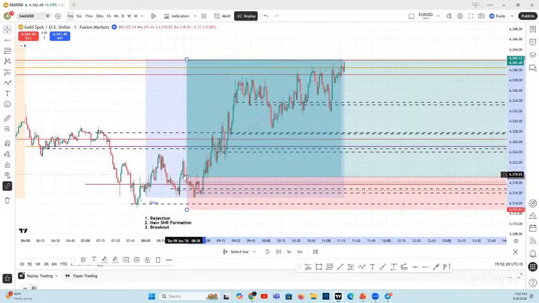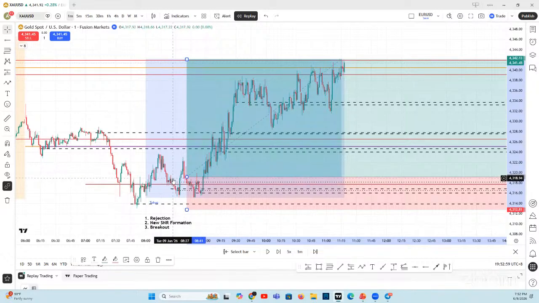But there is some other confluence I need to show you why I know this is going here. This is the time to buy. Why I keep saying that this level here, after the rejection and the new SNR, is the confluence I'm waiting for.